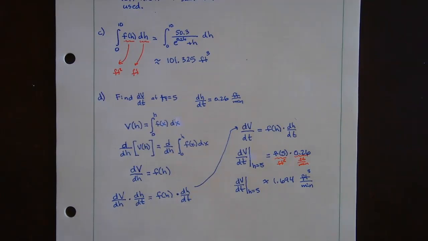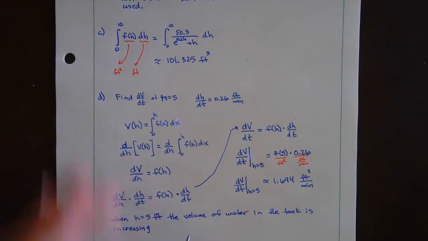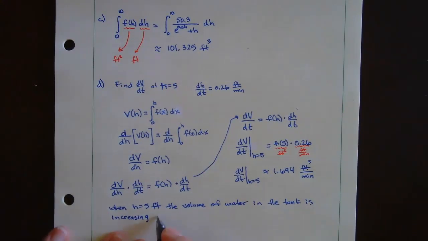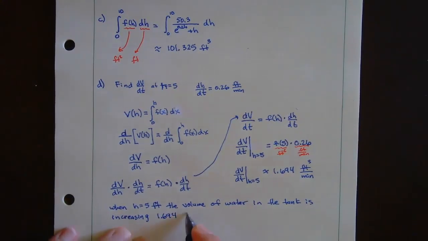All right, so when we want to write a statement on this: when h equals 5 feet, the volume of water in the tank is increasing, because this number is positive, at 1.694 feet cubed per minute.